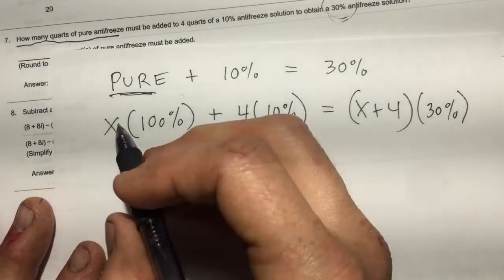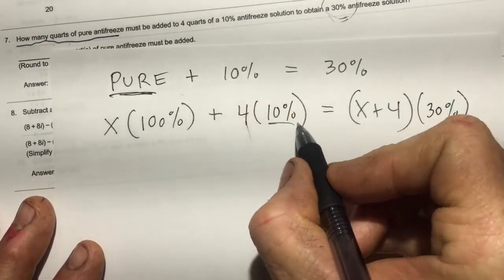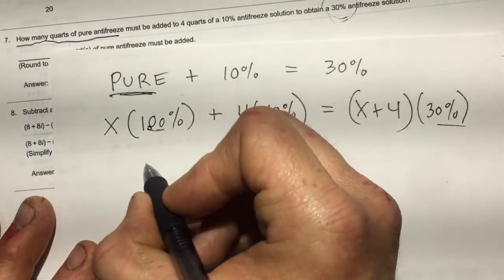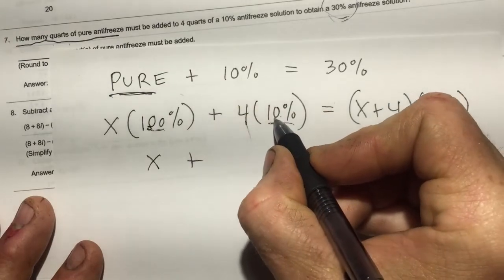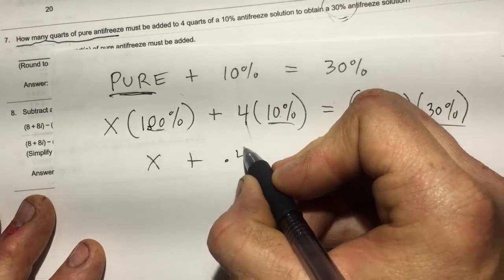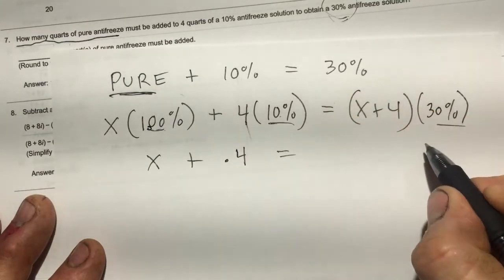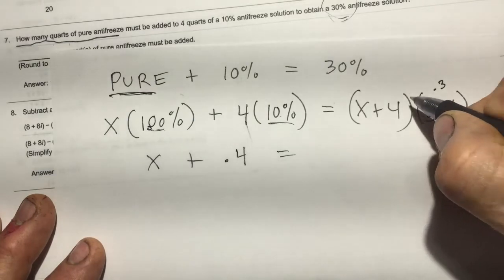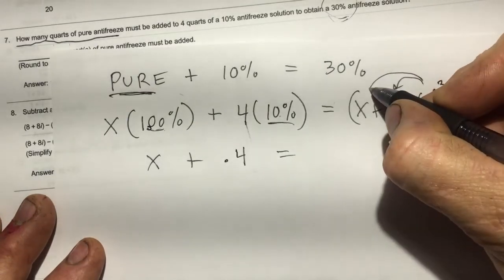So I need to change these percents to decimals. When I move it over 2, it's just going to be 1x. When I move this over 2, it's going to be 4 times 0.10, which is 0.40, or just 0.4. And over here, this is 0.3 when I move this over 2, but I got to distribute that.